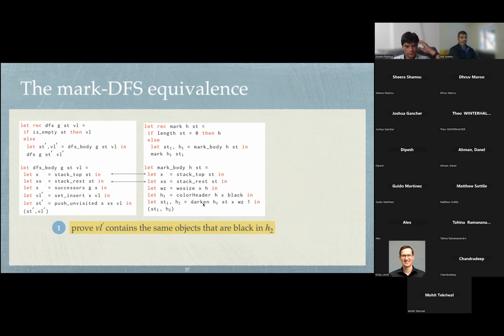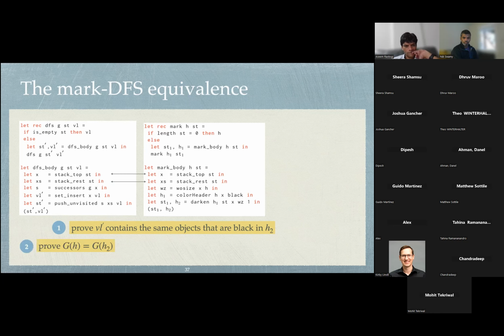So whatever this mark body produces. Mark body produces only one black object in one invocation of mark, and that black object is actually added into the visited set in a DFS invocation. So we can actually prove this property. This property is not very tricky.